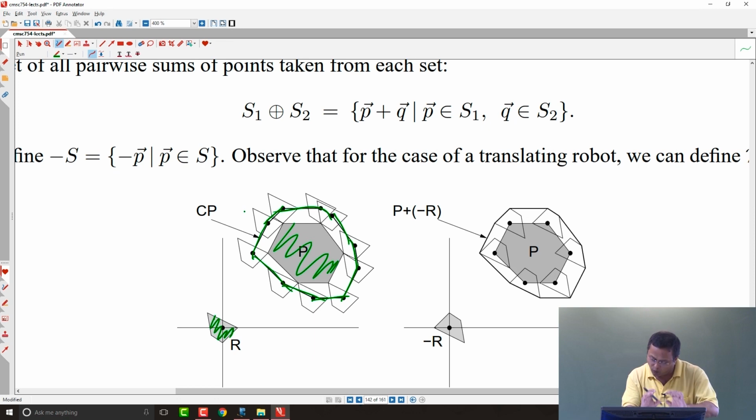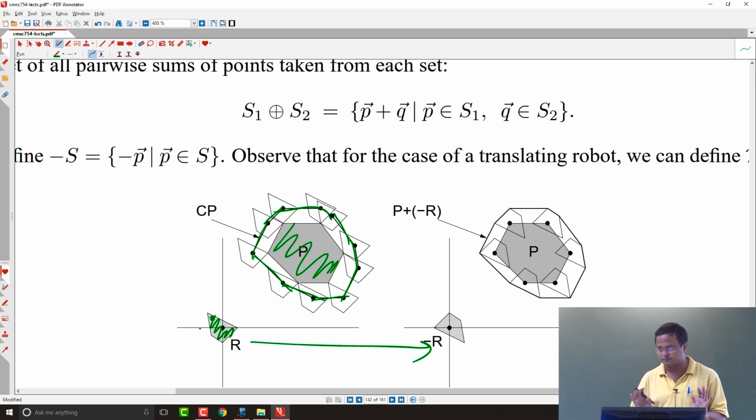But what I want to do is get this in a nice way. How do I do it? You have to convince yourself, you can even write a mathematical proof of it, that if you just flip the robot around this, any x y point in this robot goes to its negative. Fine, that is it. So, now you have a new shape.